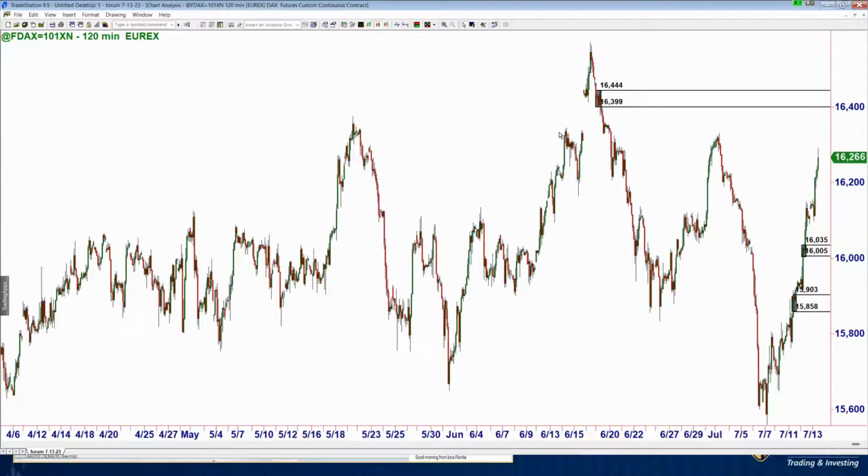Now, when we talk about ranges, we talk about low probability areas. So let's just say, okay, right here, this is our big range. What we want to do is focus on like that 80 to 90% of the trading volume, trading activity.